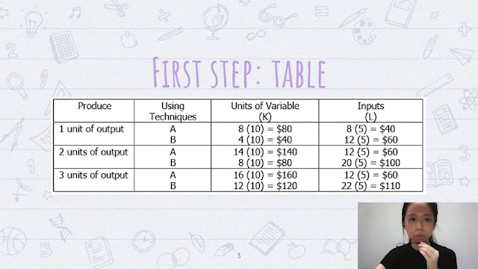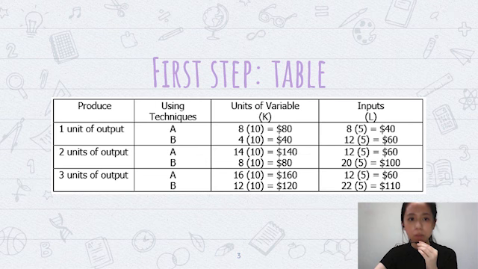For 2 units of output using technique A is 14 times 10 equal to $140. For technique B it is 8 times 10 equal to $80. For 3 units of output using technique A is 16 times 10 equal to $160. For technique B it is 12 times 10 equal to $120.